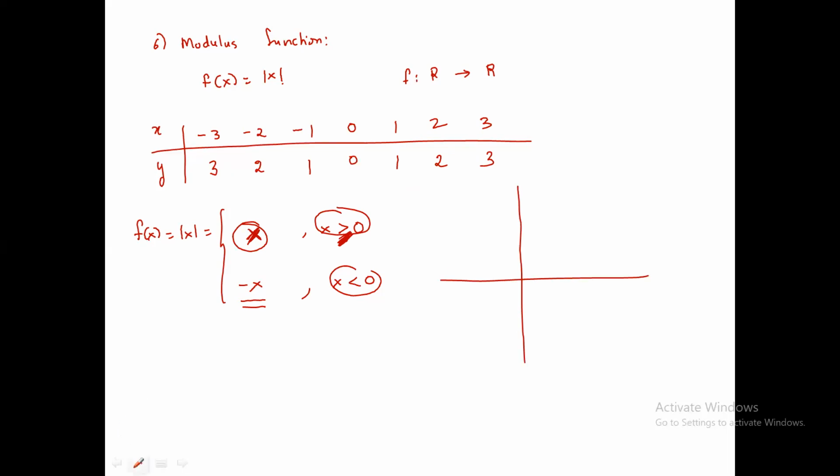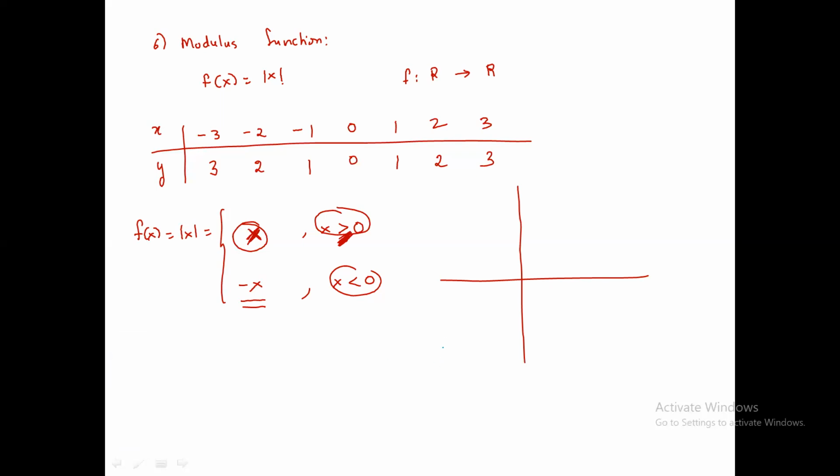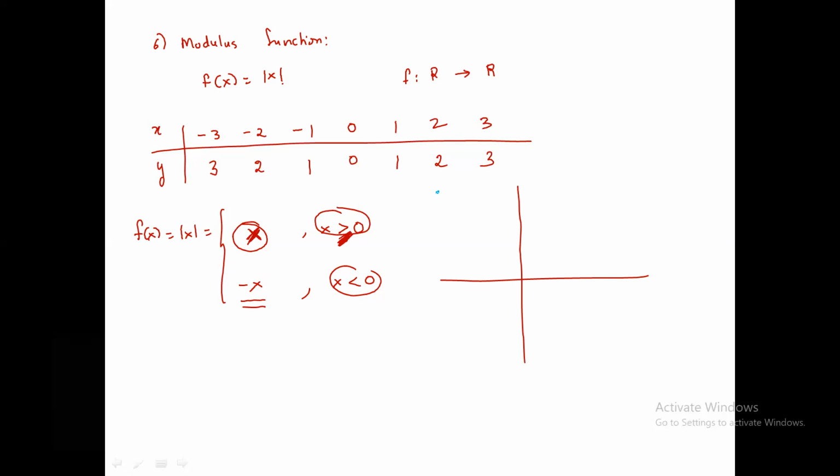So if you plot these points and draw the graph, minus 3, comma 3, minus 2, comma 2, minus 1, comma 1, 0, comma 0, 1, comma 1, 2, comma 2, 3, comma 3, and join all these points which you got.